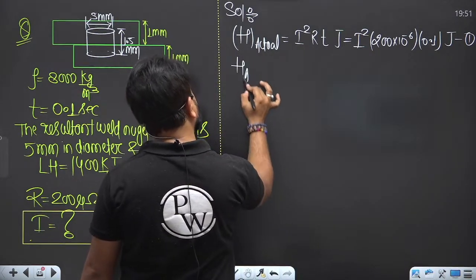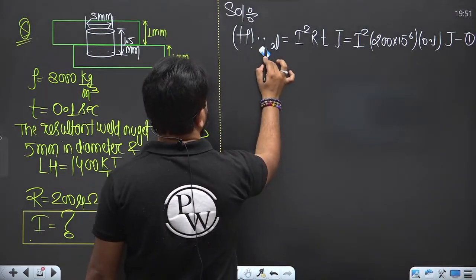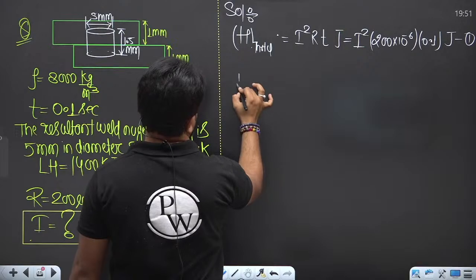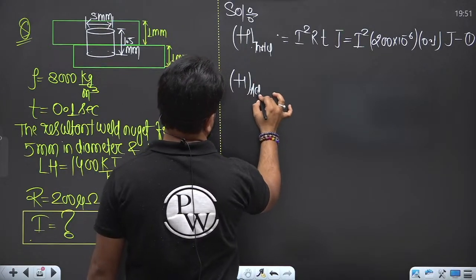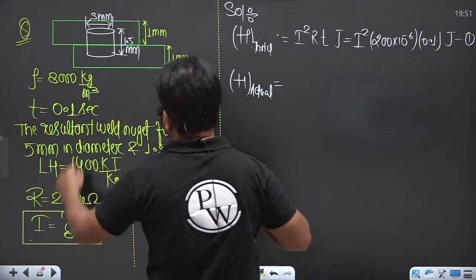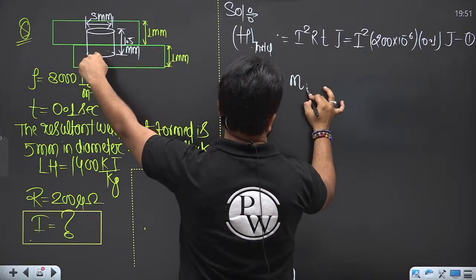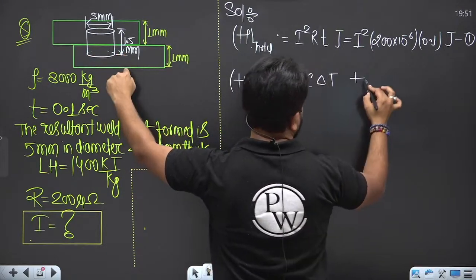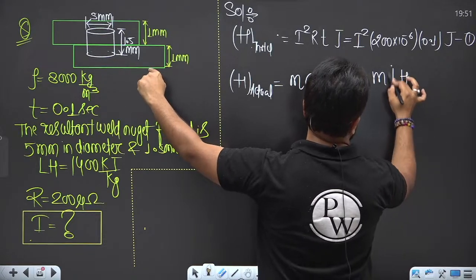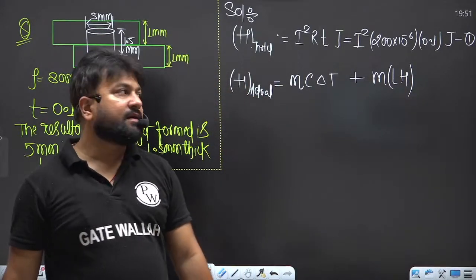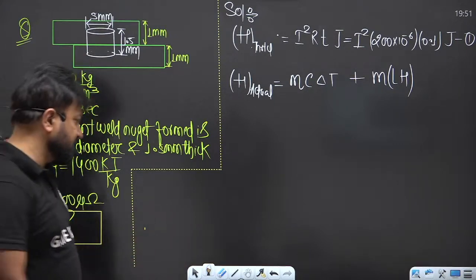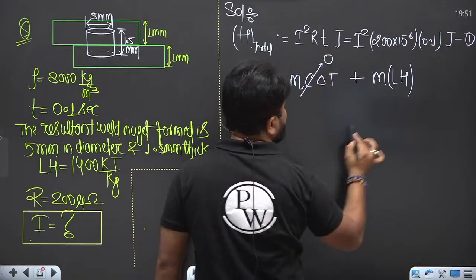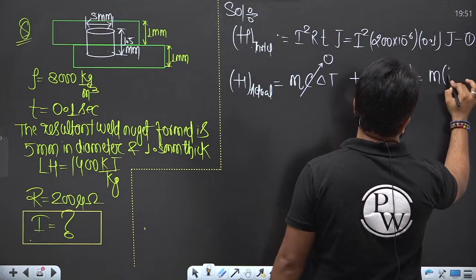Now the heat required is the mass of the nugget times the latent heat, plus mass times specific heat times delta T. You can neglect the sensible part, so overall it becomes mass times latent heat.